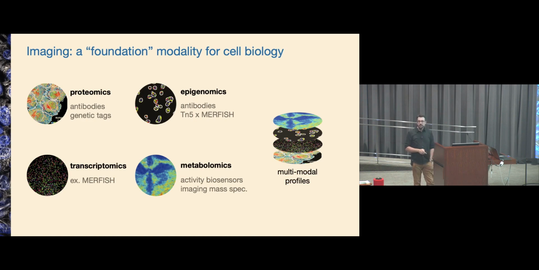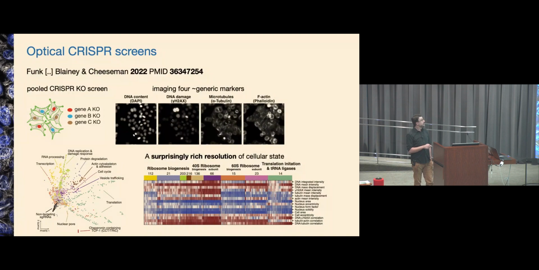One example of that from the literature that was already discussed previously are these OPS screens. There's one paper in particular that really inspired me, by Paul Blaney and Ian Cheeseman a couple years back, where they were just imaging 4 generic markers in cells, DAPI and cytoskeletal components, essentially, right? So a very small version of cell painting.